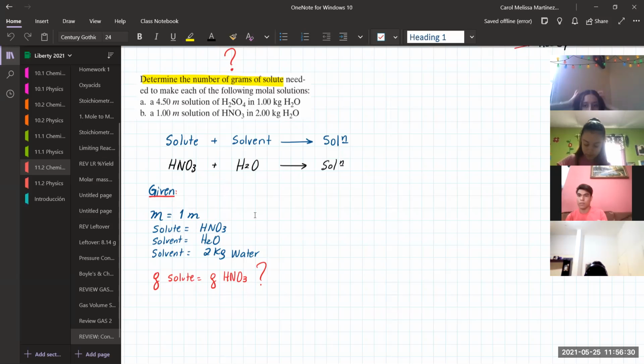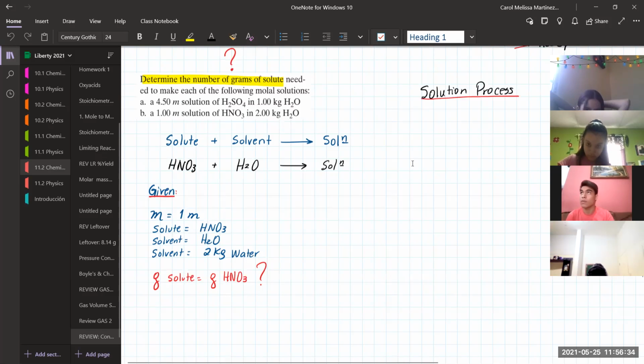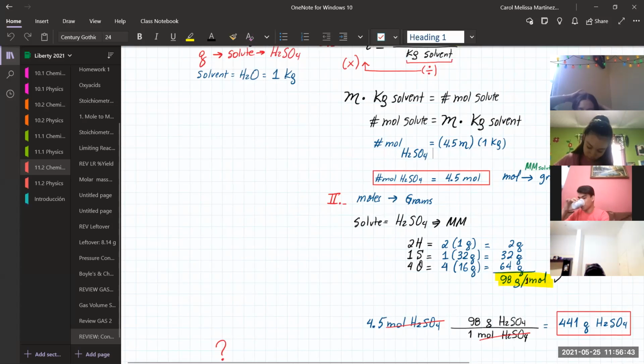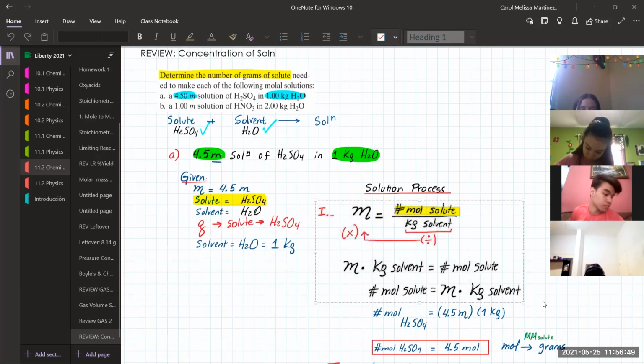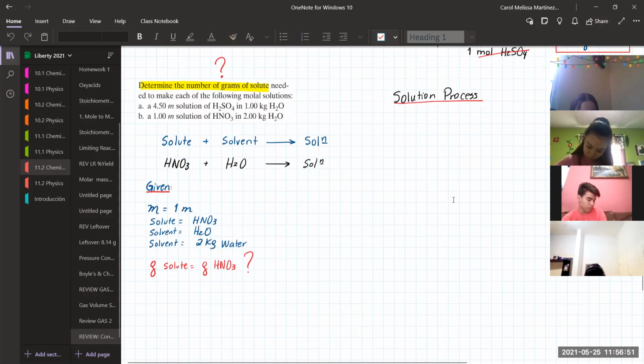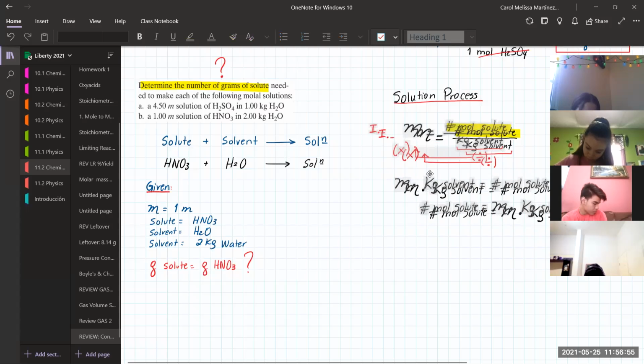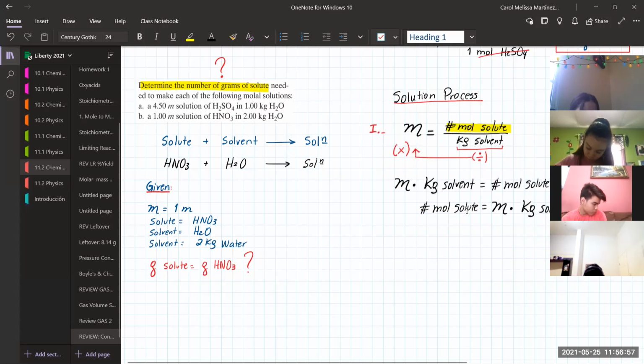So in the first step, we do the isolation. I'm looking for the number of moles of solute because I want to know the grams of solute, so I will focus only on the solute. So the first step will be the same isolation. You have your equation for molar concentration.